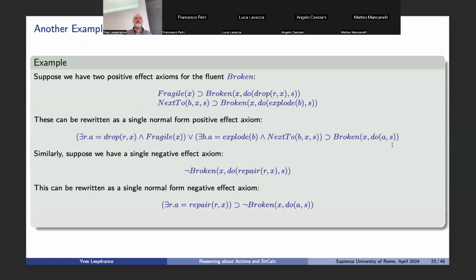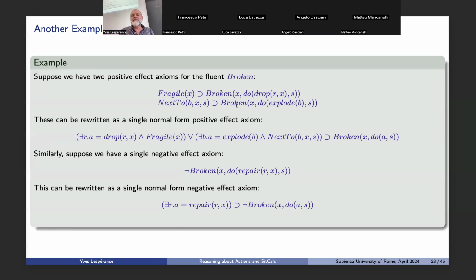Here's another example. Suppose that we have the following effect axioms for a fluent broken to become true. The first one says, if the robot drops an object X, then X will become broken if X is fragile. So dropping an object which is fragile, it breaks.